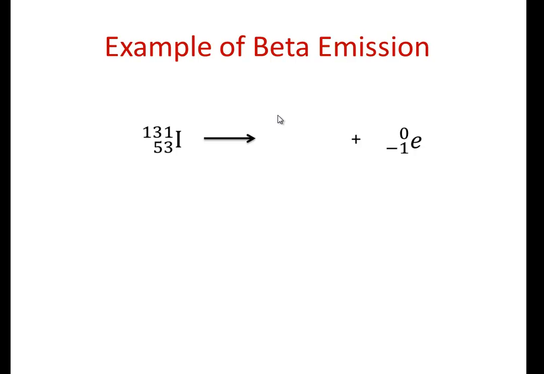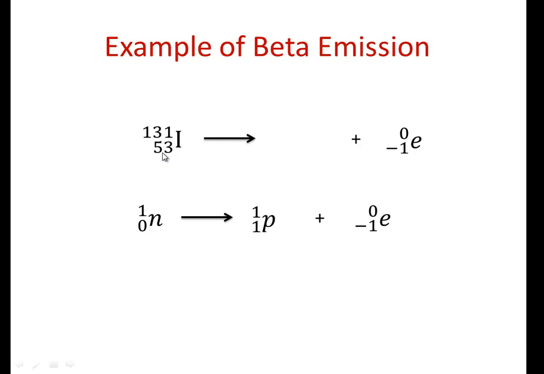Okay, hopefully. First, don't forget, you have to remind yourself that this is what's going to happen inside the iodine nucleus. A neutron is going to convert into a proton. So is the mass number going to change? And the answer is no. You're not going to lose any mass. So whatever the new isotope and the new element is, it's going to have the same mass number.